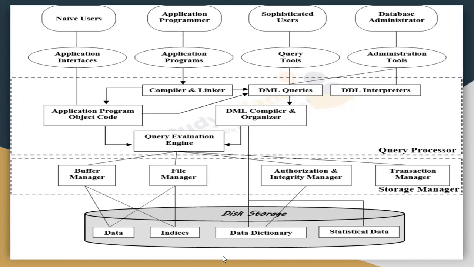Data and indices are linked with the buffer manager and the file manager. The data dictionary is linked with the authorization and integrity manager. The statistical data is directly linked with the DML query compiler and organizer. This is the architecture design of this data structure.